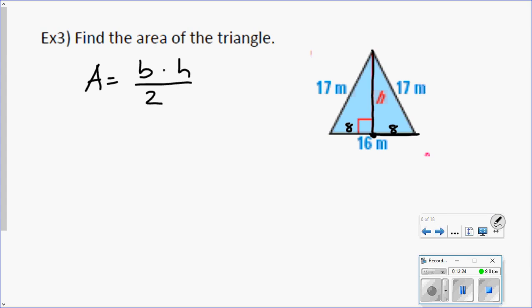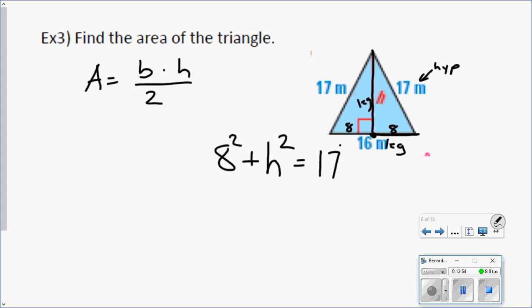If we focus on just half of this triangle, this is a leg. This h is also a leg. And this is our hypotenuse. So we're missing a leg of the triangle. 8 squared plus the height squared is equal to 17 squared.